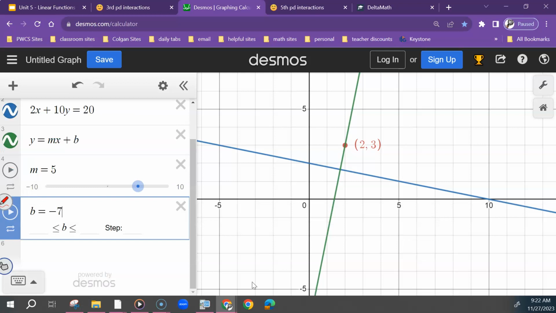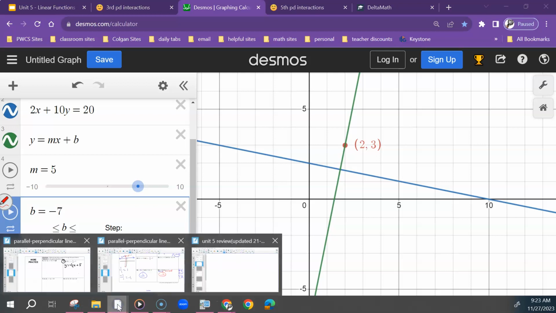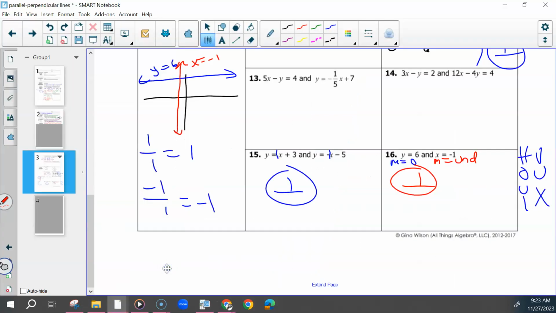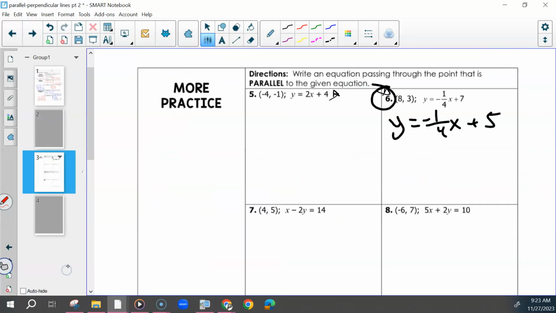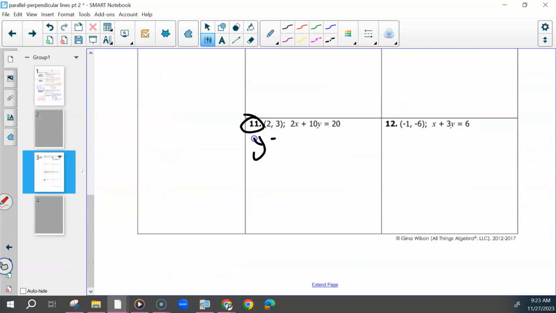So I can see that these lines are crossing. They are making that T. It is going through the point. So my new equation would be y equals 5x minus 7. Are there any other ones we want to see in Desmos before I have you try a couple?